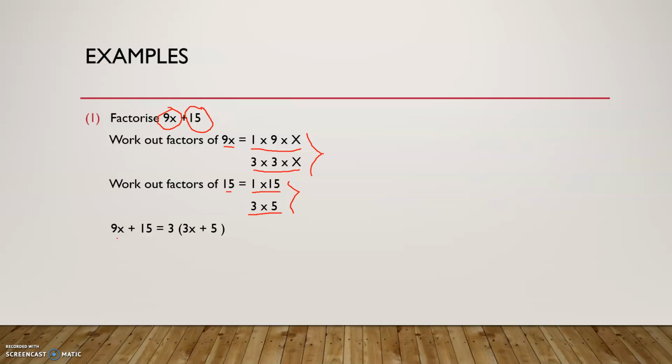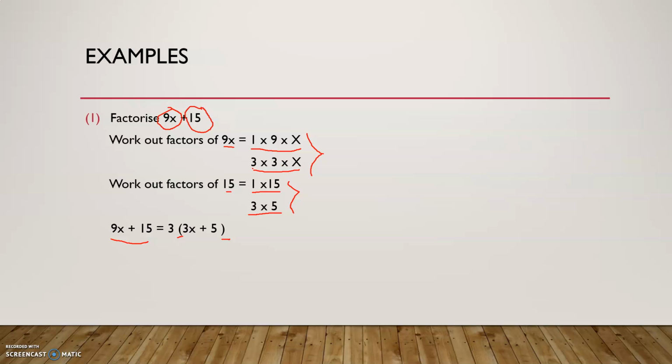Now to factorize 9x plus 15, we need a set of brackets, and then what we have to look for is the highest common factor. So the keywords are highest and common. If we look at the first term, 9 is highest, but there is no 9 in the other term, so 9 is not a common factor.